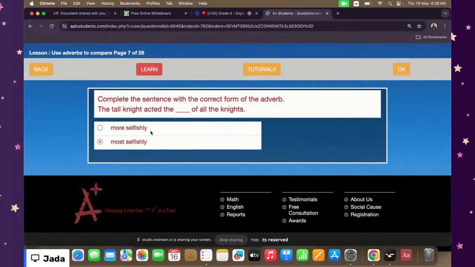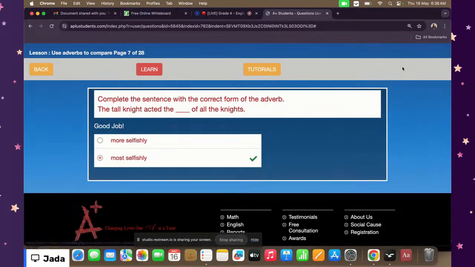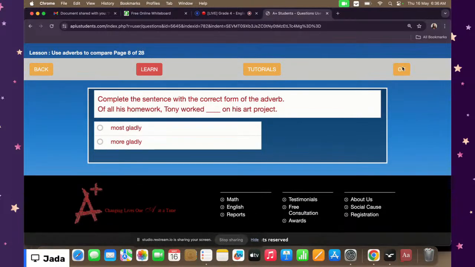Most selfishly, because we have more than two knights. It says the knight and the knights, so the other ones are in plural. You don't know how many. It's obviously more than that.